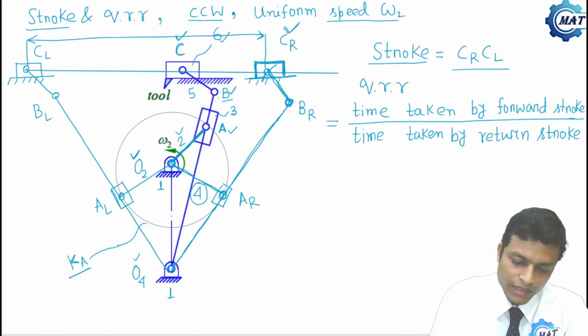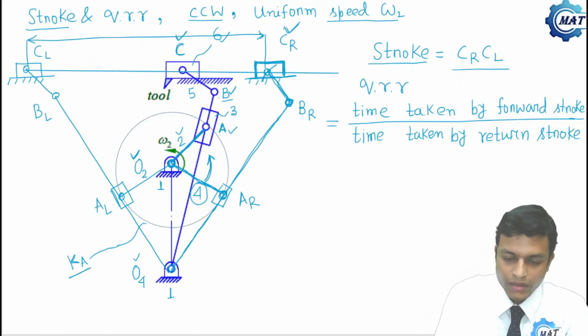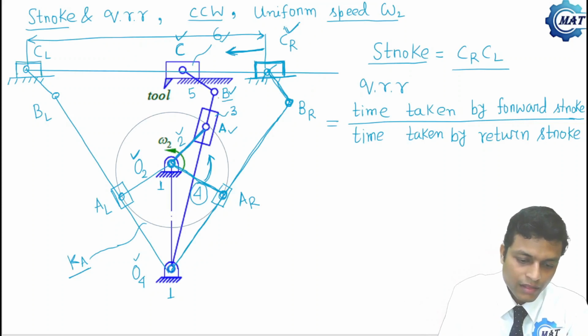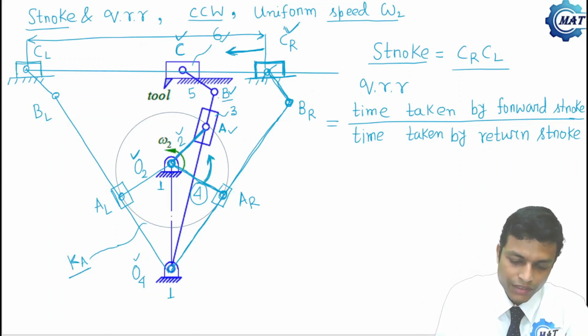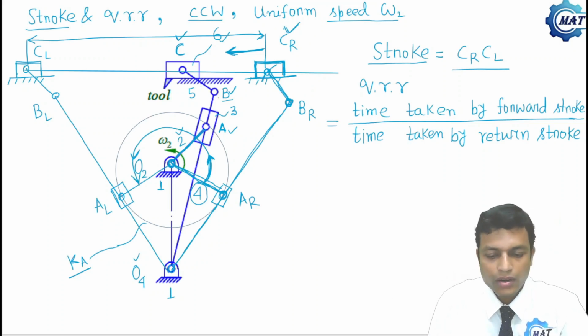So from this instant, when the crank is at O2AR and starts rotating in counterclockwise direction, what happens? This slider starts moving in the left hand direction, and it will reach CL when the crank reaches from O2AR to O2AL, and that completes the forward motion.